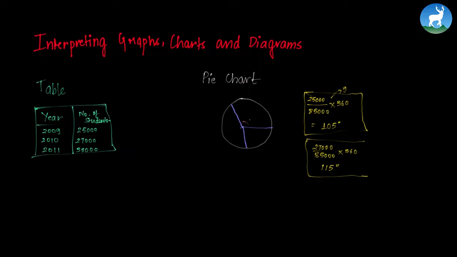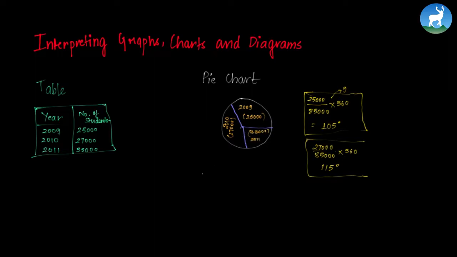This is 105 degrees, this is 115, and this is the remaining one. Now we fill in the information. This is for 2009, 25,000. This is for 2010, and it's 27,000. And this is for the 33,000 in 2011.